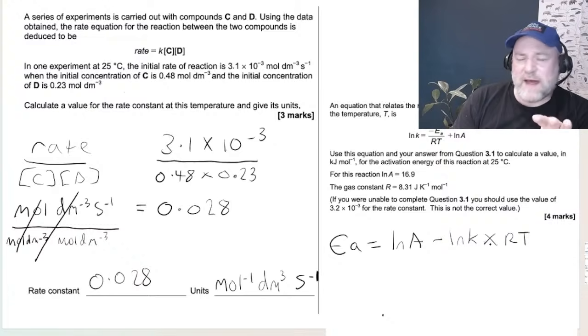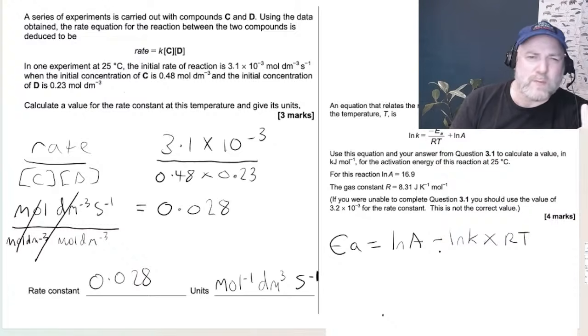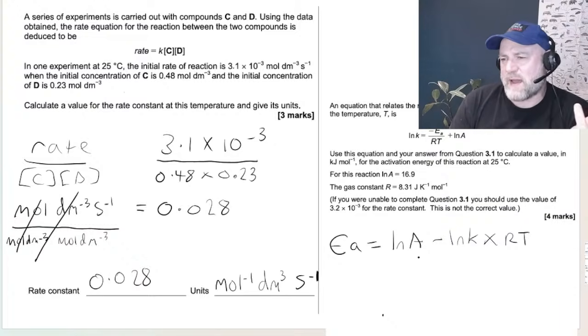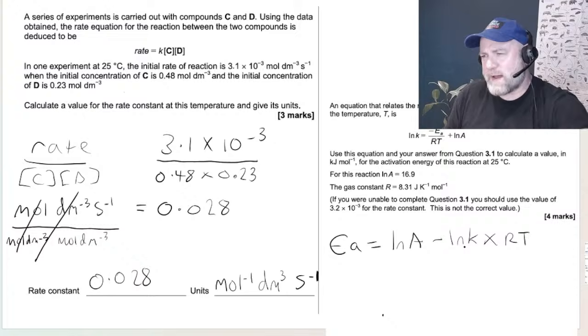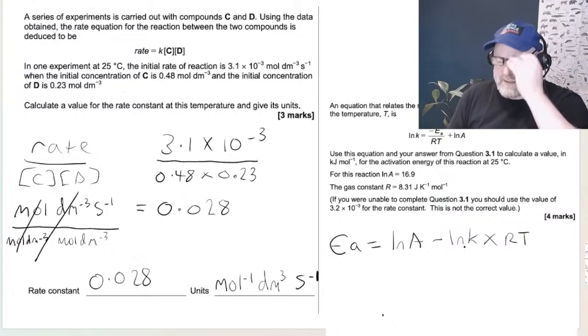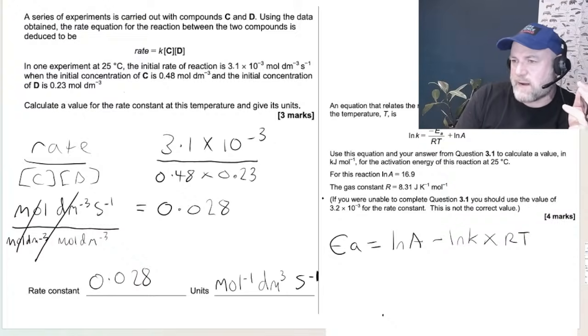That's going to give us the activation energy, and you're just rearranging that to make EA the subject. I know you can do it where you get minus EA is equal to natural log K minus natural log A times RT. Okay, is everyone cool with that? And then this is 4 marks. Why is it 4 marks? Because we need to work it out, that's why.